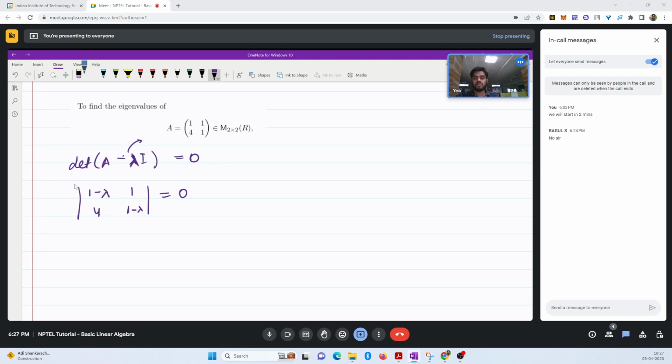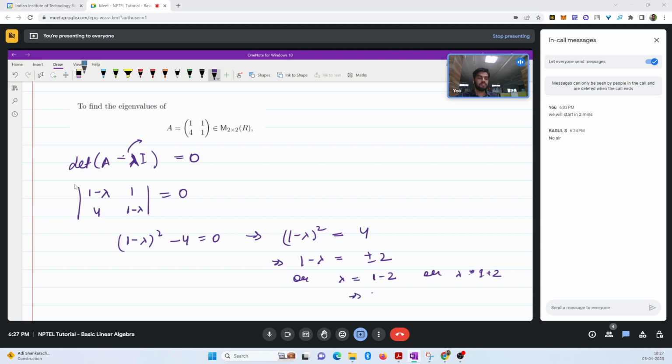What we obtain is (1 minus lambda) square minus 4 is equal to 0, or in other words (1 minus lambda) square is equal to 4. What does this mean? 1 minus lambda is equal to plus minus 2, and we can get the value of lambda as either 1 minus 2 or 1 plus 2.